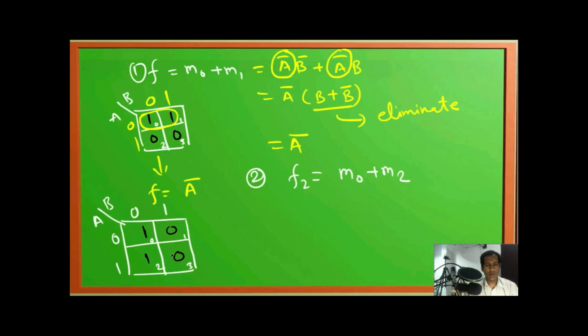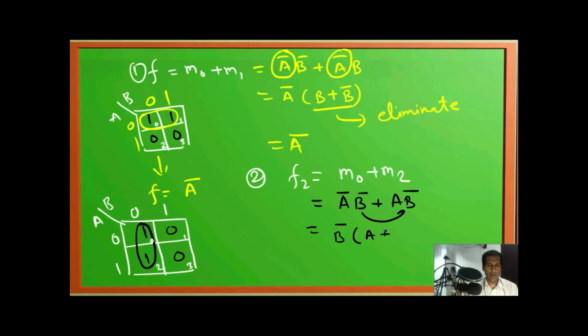Remaining will be 0. So we will make a pair of these two. Now for these two, we find the common term. m0 plus m2 is A bar B bar plus A B bar. Here B bar is common.